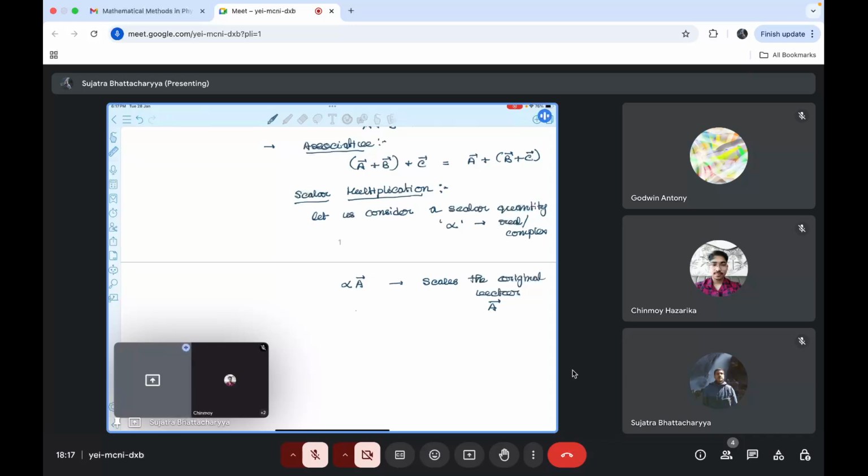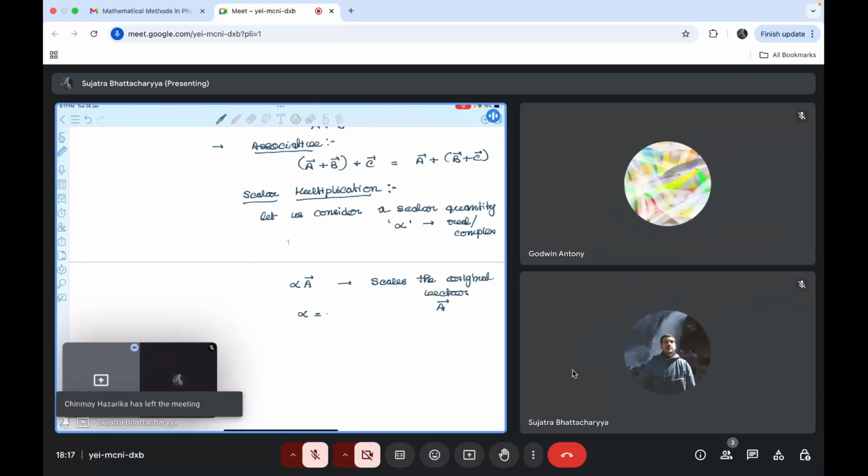For example, if your alpha is equal to say -1, it is just the opposite of the A vector. So suppose your vector is in this direction, same magnitude, the direction will change. So it controls both the magnitude as well as direction. Magnitude here it will not change because I have taken the value of the scalar quantity as 1.